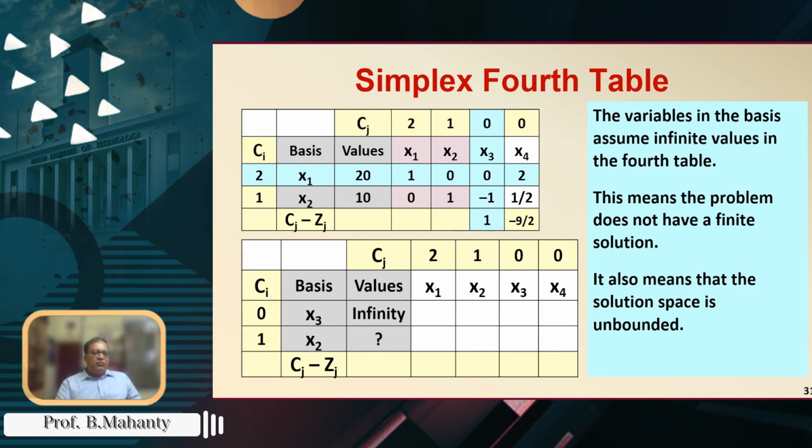So essentially we have no leaving variable. But by force, if you say okay, let x1 leave, then an infinite value comes into the basis. So the variables in the basis assume infinite values in the fourth table. This means the problem does not have a finite solution. It also means that the solution space is unbounded.